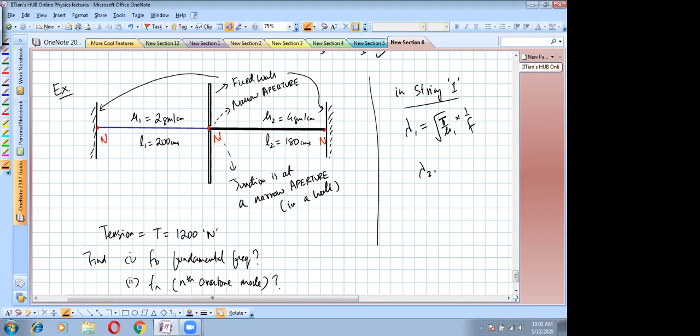And the second one will be square root of T by mu2 into 1 upon frequency. Okay. So that is why you can see that your lambda 1 is to lambda 2 will in fact be square root of mu2 is to square root of mu1, which over here is an irrational number, but doesn't matter.